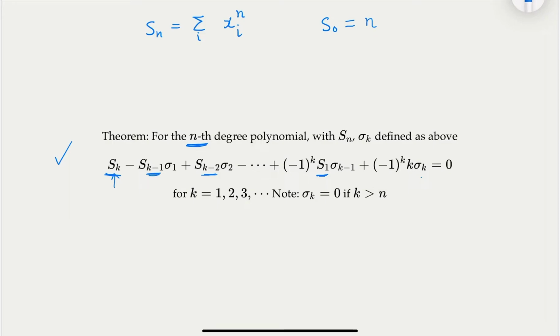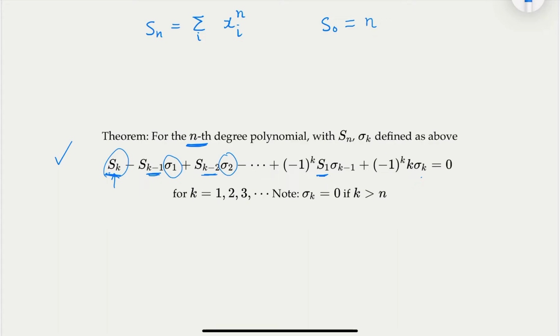Otherwise, if it's smaller, you're going to use this formula here. The sign here is alternating, right? Sigma is the elementary polynomial of the roots. This is the sum of the powers. So the actual proof is intuitively very easy to think about.